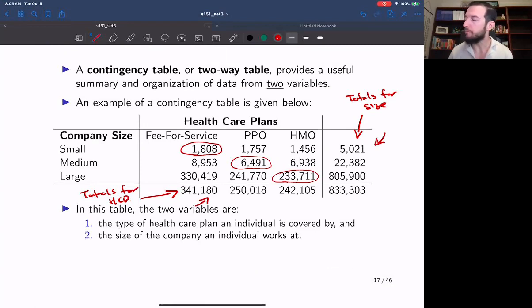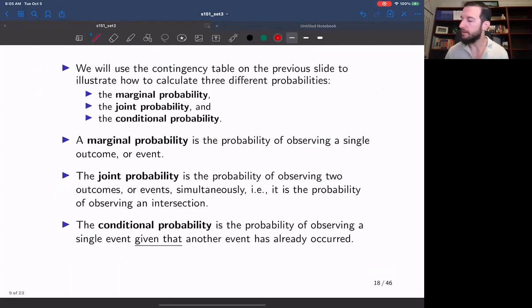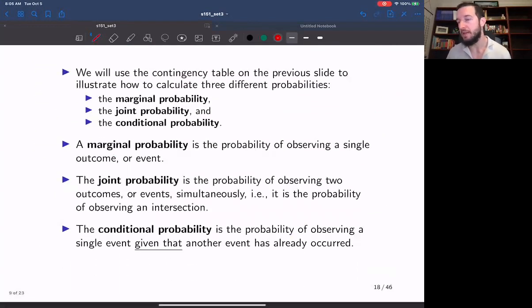And the joint probabilities are simply the probability of observing any of the outcomes inside the table. So the joint and the marginals are essentially the values inside the table and on the axis divided by the total number of outcomes.